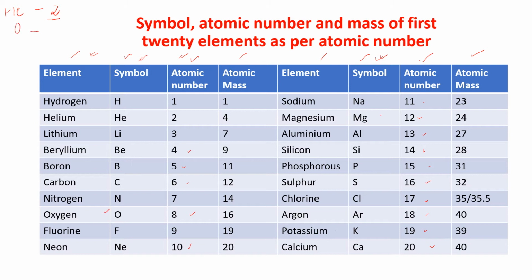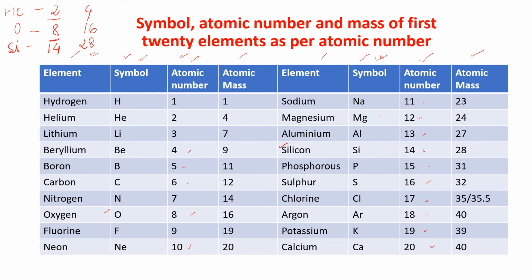Its atomic number is 8. Its mass number will be just double because it is an even number, so it will be 16. Okay, now take any other one. Take silicon. Silicon has the atomic number 14, just double it. Its mass number is 28.